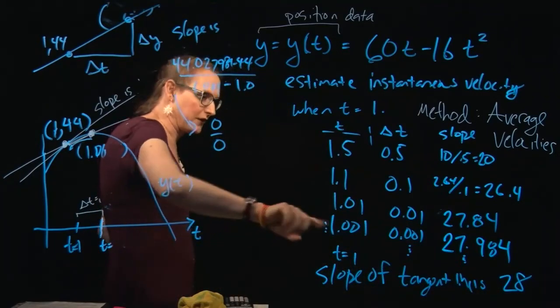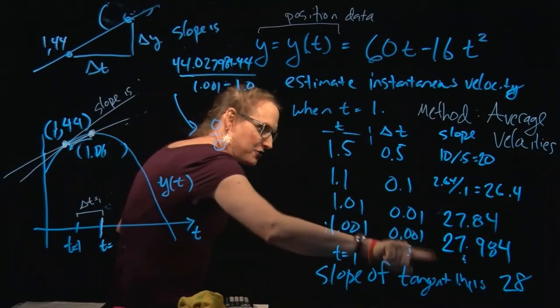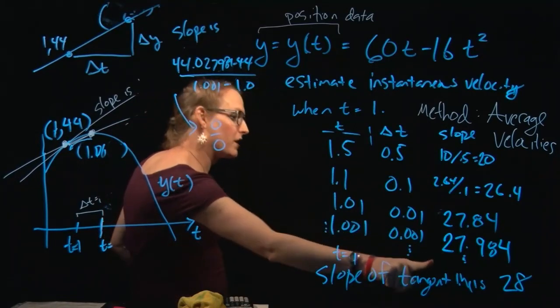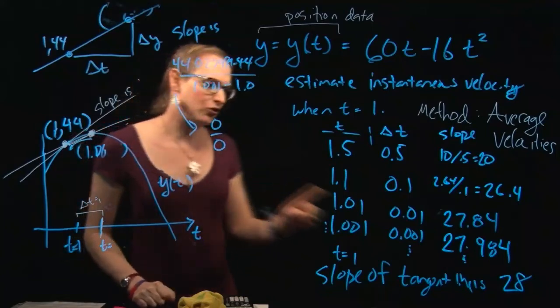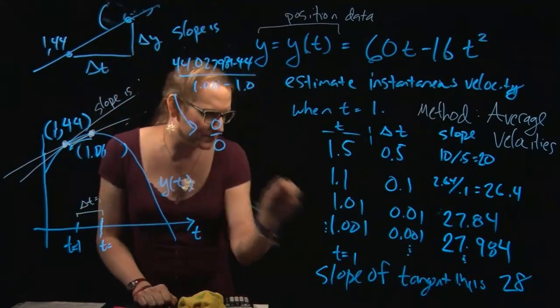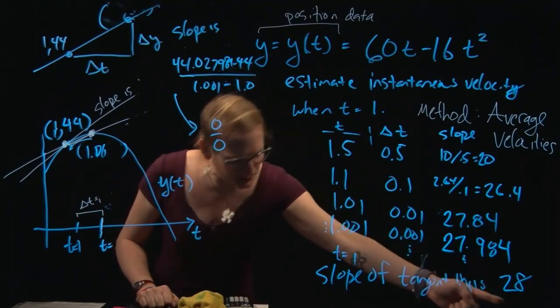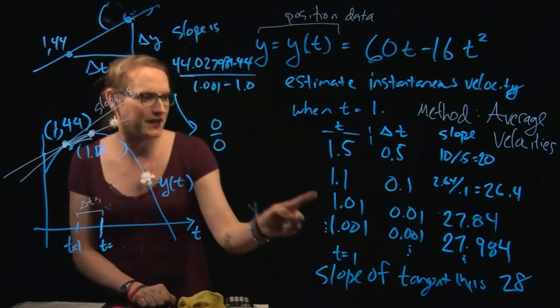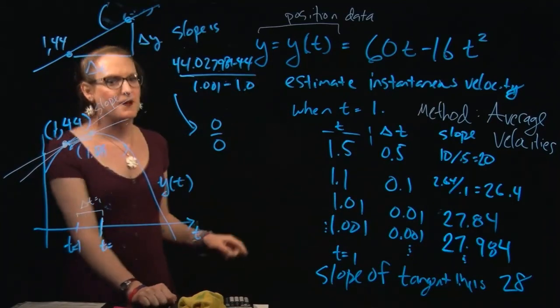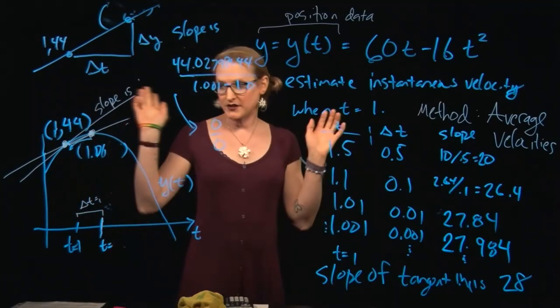I'd encourage you, if you want to see the next step, to throw another 0 in here, and you'll see that this value, this 27.984, gets even closer to 28. And if you chose some small distance and said you wanted this number to be within that small number of this number, all you have to do is make this number sufficiently close to 1, and that's why it's a limit.